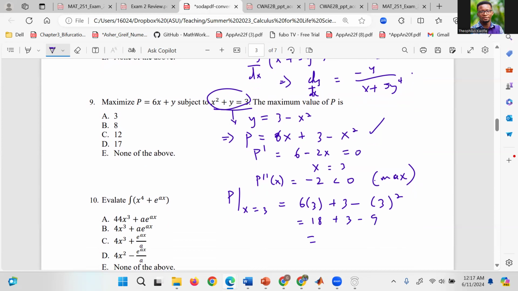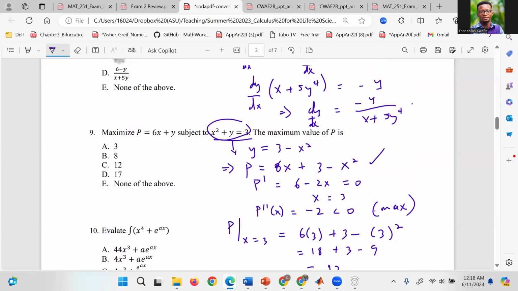So 18 plus 3 is 21, and then 21 minus 9 gives us 12, right? All right, so our maximum value will just be 12.